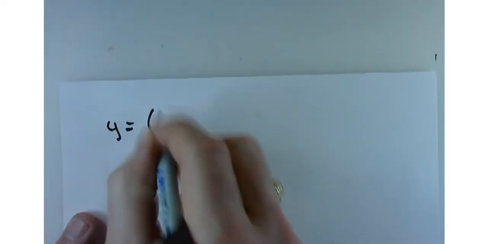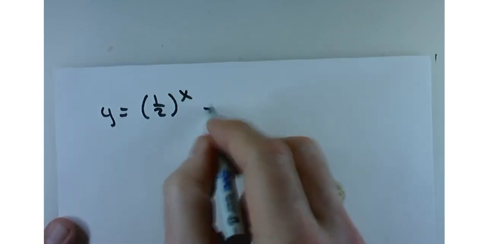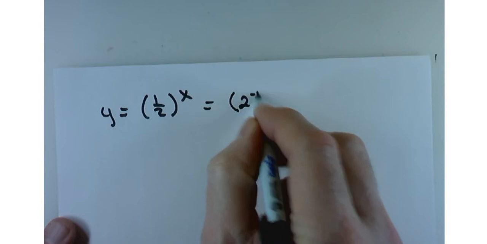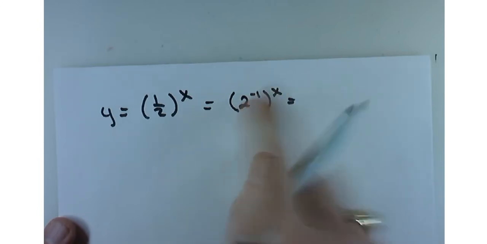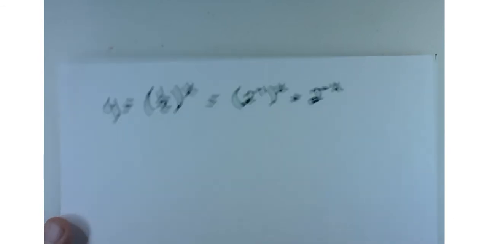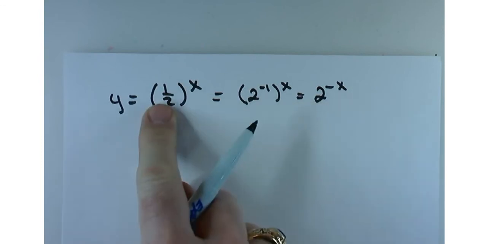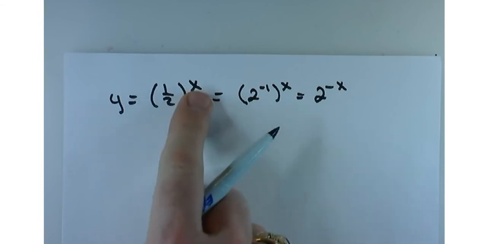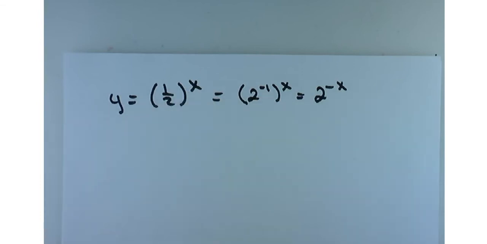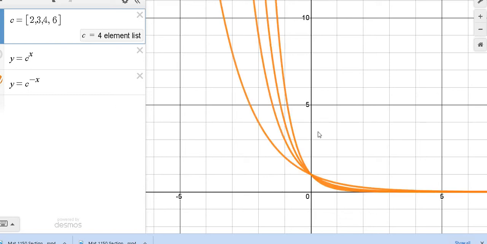If I looked at y equals 1/2 to the x power, another way to think of that is 2 to the negative first power raised to the x, or if I just multiply these, it's 2 to the negative x. So these two are identical. So I can have a negative exponent or something less than 1 to a positive power. Either way, the bottom line is, when I turn on these graphs, I get the mirror image of these graphs.